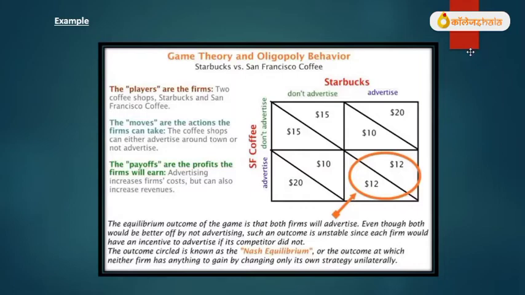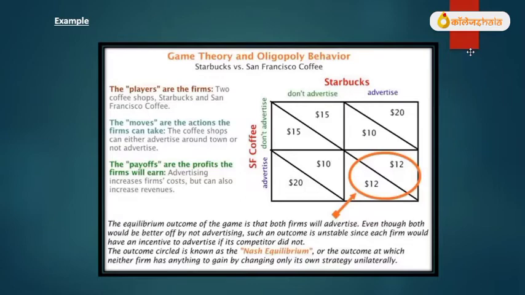See, the payoffs are the profits the firms will earn. That means the profits earned by Starbucks and SF Coffee are the payoff here. And here we can see advertisement can increase the firm's cost as well as revenues. So the profit will be higher if they do advertisement.